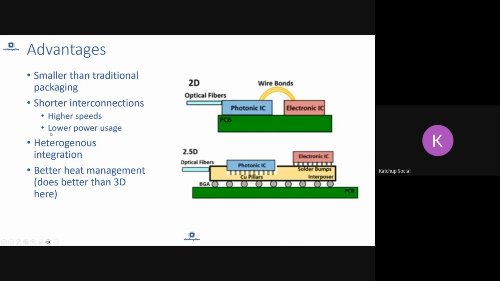The advantage is that wire bonds take more space and connectivity can be limited. Now you have smaller packaging than the traditional kind, much more connectivity, and shorter interconnection. Shorter interconnection means higher speed and lower power usage, and you can also do heterogeneous integration. 2.5D also does better heat management than 3D.